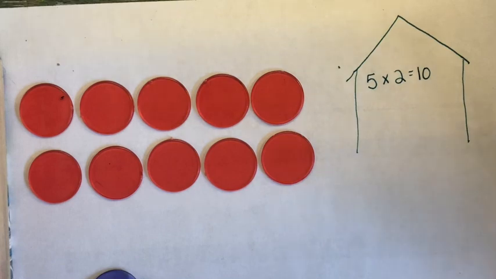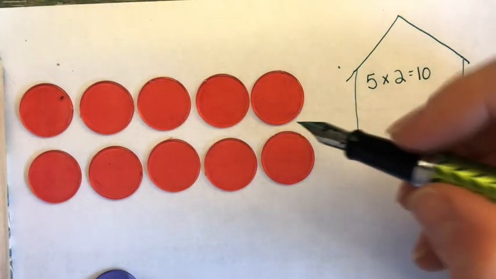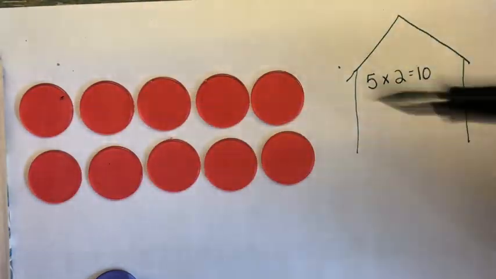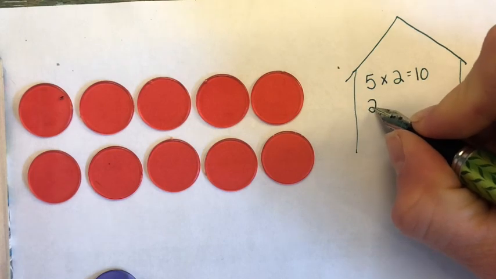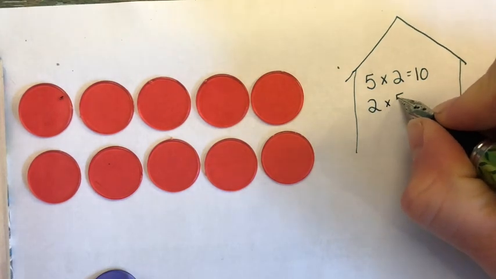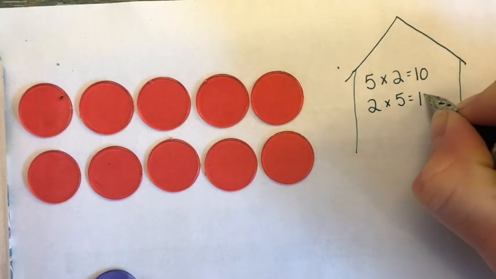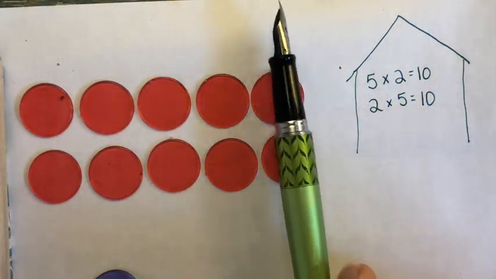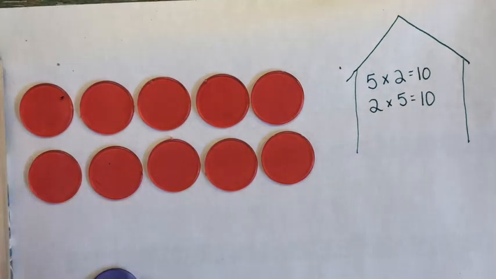That's because it does not matter which way you write it. Both ways are your 2's facts. I can also do 2 groups of 5, 5 and 5. All of this is the same way of representing it, okay? Because I've got 1, 2, 3, 4, 5 groups of 2, or 1, 2 groups of 5. Either way, you're representing the same thing.